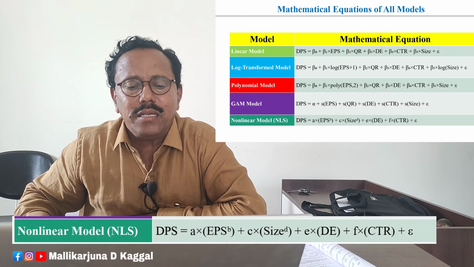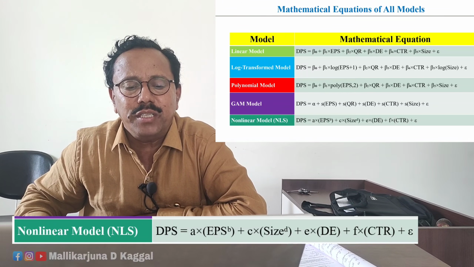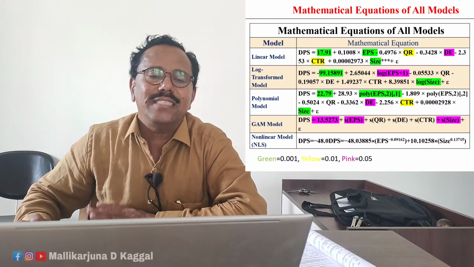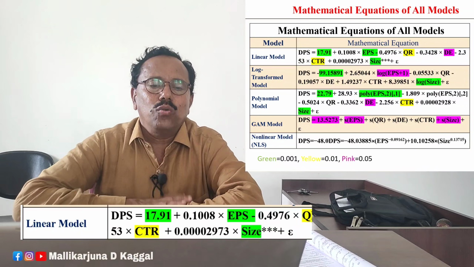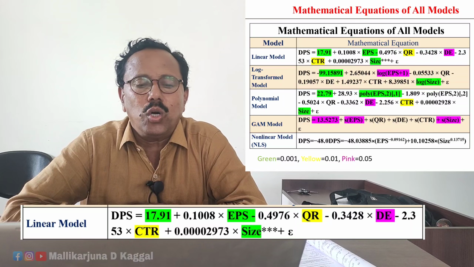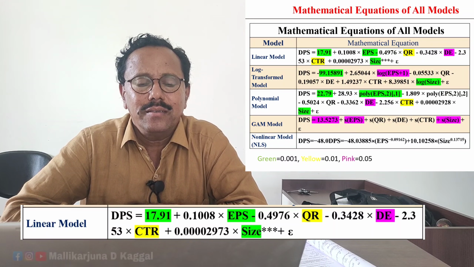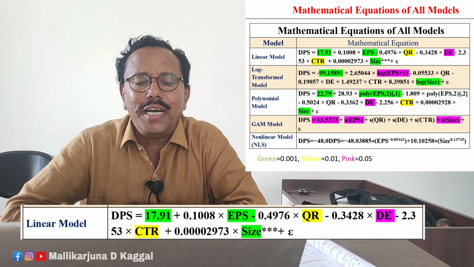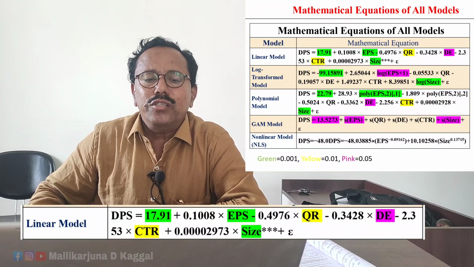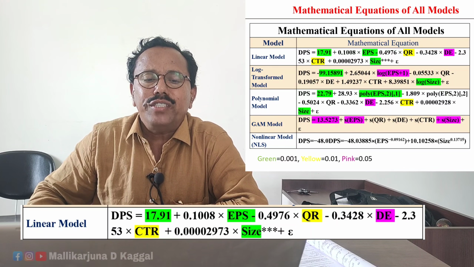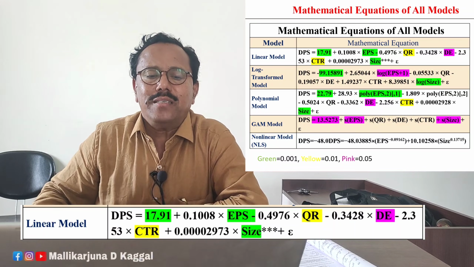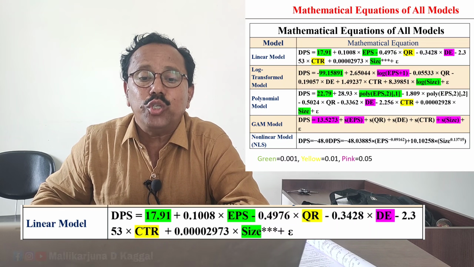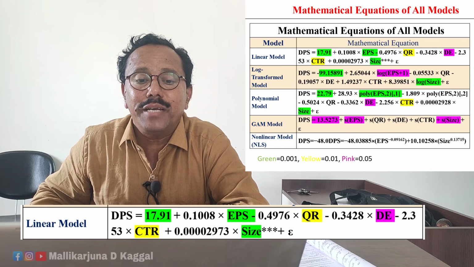Now when this mathematical equation is replaced with the real values from our data, this has come. For the linear model, DPS is equal to 17.91, the intercept, that is called alpha, plus 0.1008, the coefficient of EPS, beta 1. Then there is a plus sign. When it comes to QR, there is a negative relation, be clear.